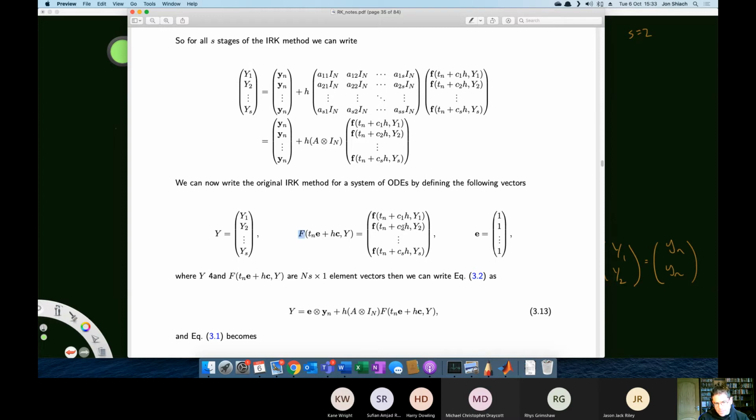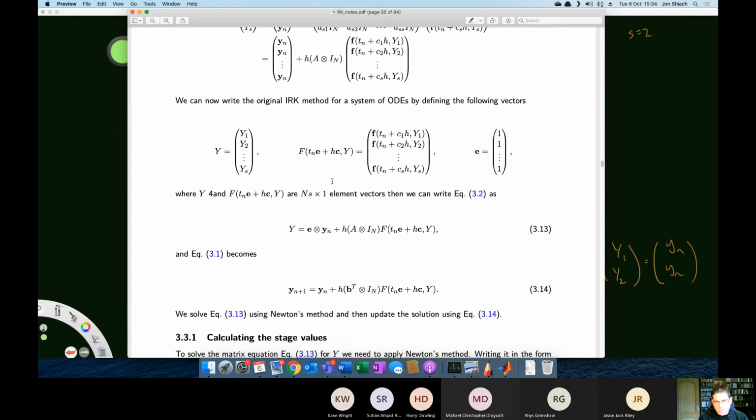Big F is related to our functions, and each one of these is itself another vector. And E is just a vector of ones. So that simplifies the notation somewhat.